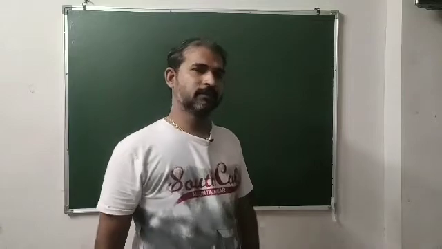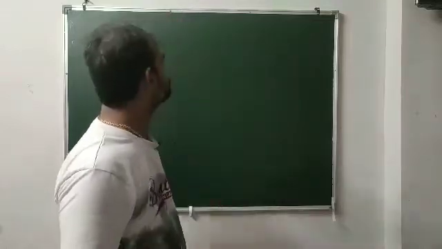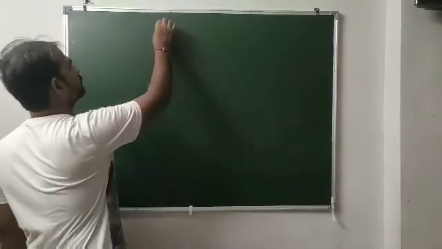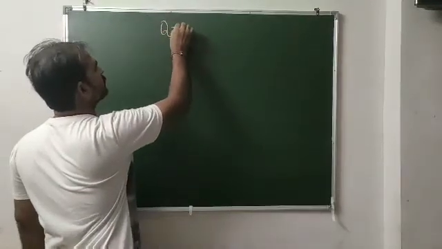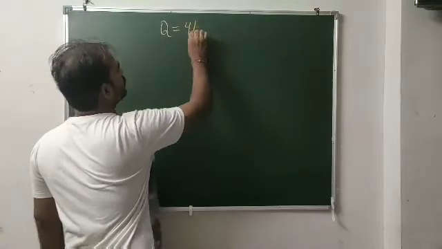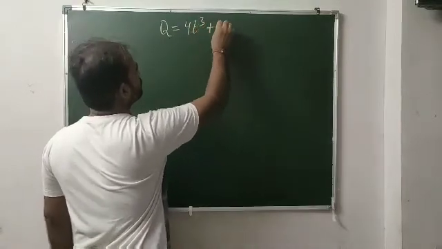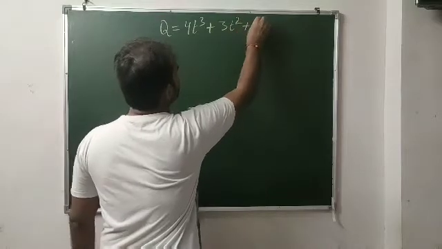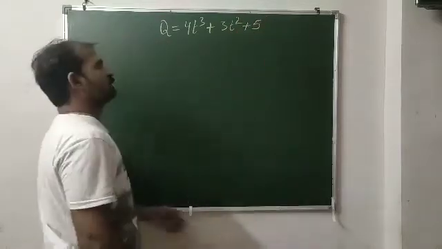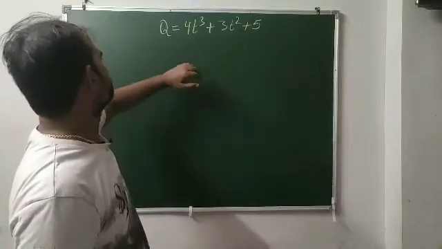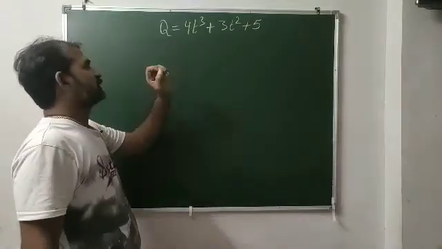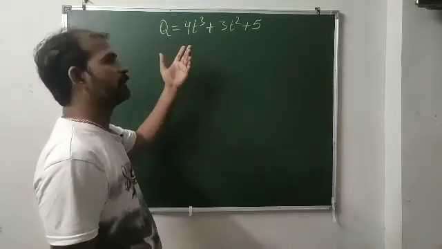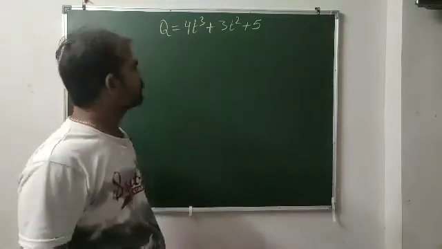Try to understand it. Suppose you are given the charge as a function of time, Q equals 4t cubed plus 3t squared plus 5. This is the function of charge. In this function, the charge depends directly on time, so this is a time dependent function of charge.